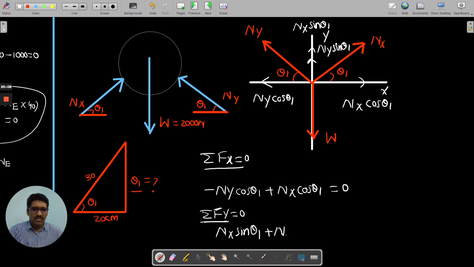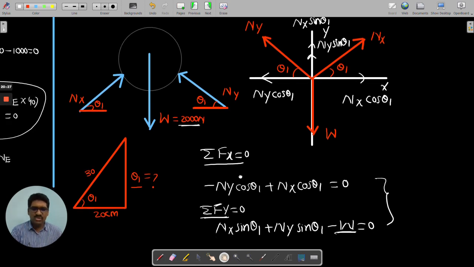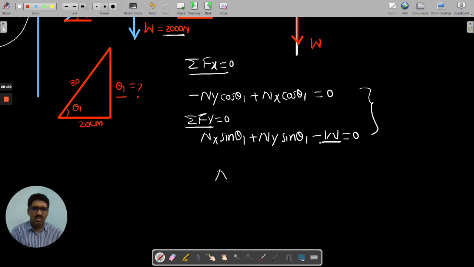Okay, so plus n suffix y sin theta 1. Okay, so minus W is equal to 0. And this one is having weight 2000. Be careful about this 2000 here. Okay, now we just solve these two equations. By solving these two, definitely we can bring out nx is equal to some value, ny is equal to some value. You can get. Am I right, all of you?